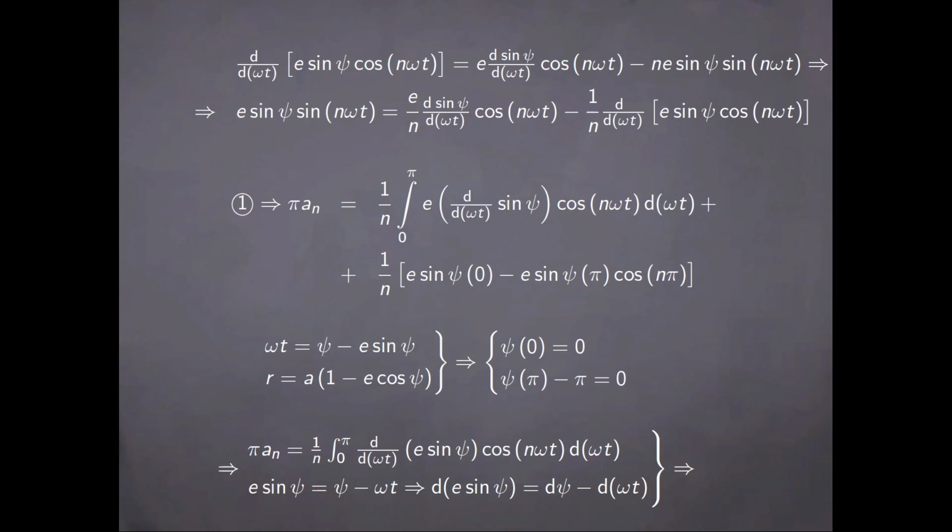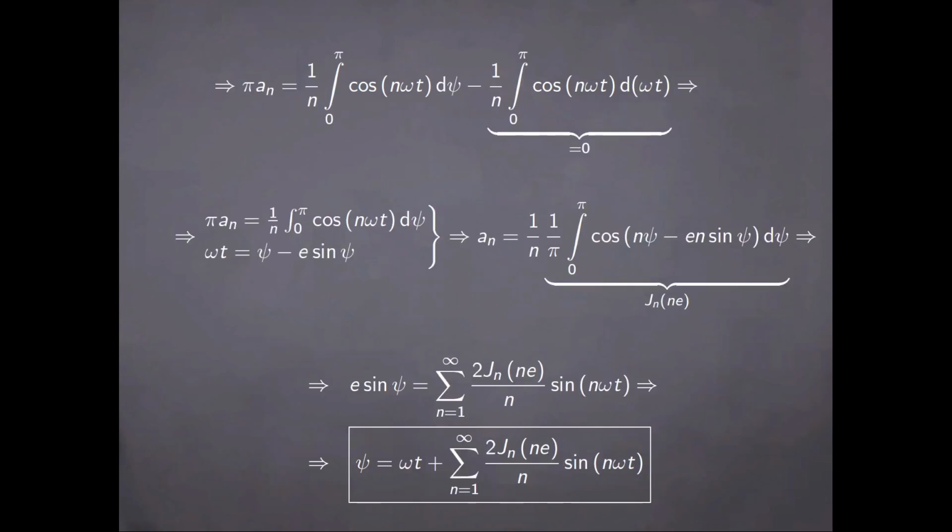Now, if we once again go back to the Kepler equation and we take its differential, we obtain the form here, and then if we put these two together, we can rewrite the product between pi and the coefficient a_n as the integral here minus this term, which is evidently zero by straightforward evaluation.